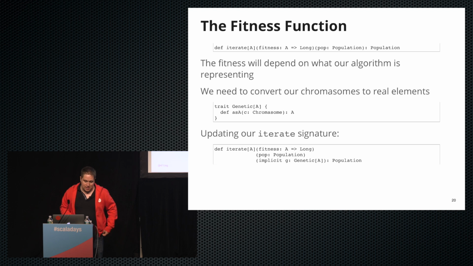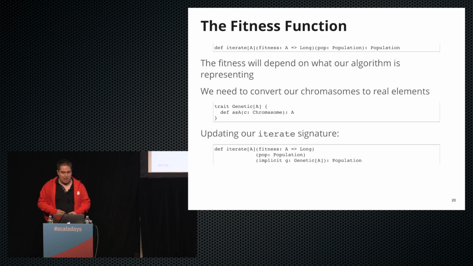In order to convert this, I think we should have a trait. I've called this genetic. Again, it's parameterized, and it's really just a single function. Given a chromosome, it converts it to whatever we're talking about. So when it comes to us using this iterate function, we need to provide the way of actually converting from a chromosome to whatever we're trying to play with.